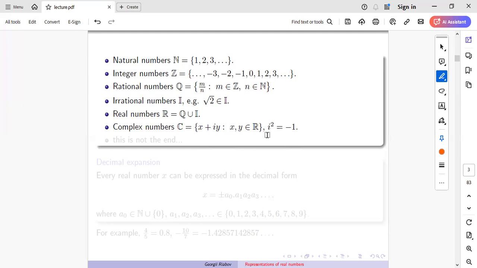You know that there is no such real number that gives -1 after squaring. But if we imagine that such a number exists, we arrive at the system of complex numbers. And in fact, this is not the end. There are many more systems of more and more complicated numbers.